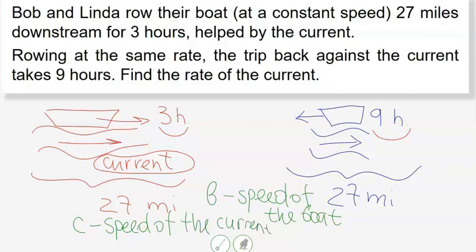So what does it mean? When our boat goes this direction together with the current, the speed will be B plus C. Remember, B is the speed of the boat in still water.